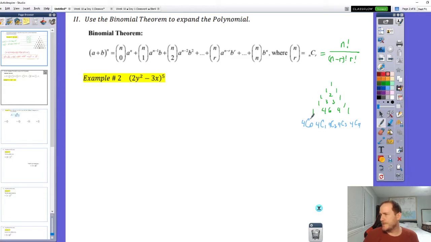And so what we know is 4 choose 0 is 1. 4 choose 4 is 1. 4 choose 1 is 4, and 4 choose 3 is 4, and 4 choose 2 is 6. So all of those entries could be found using this combination function, and that's built into your calculator.